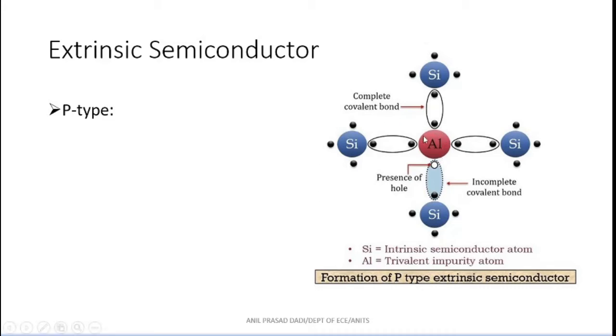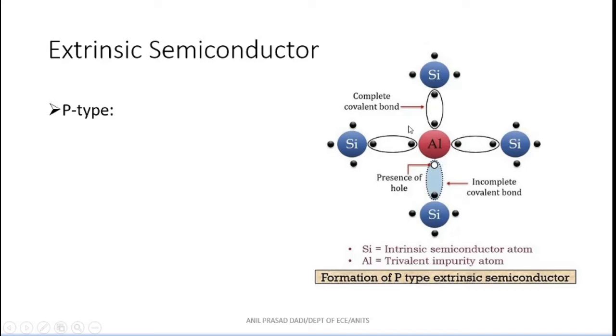As the aluminum atom has 3 valence electrons, all the 3 valence electrons are involved in the bond formation with the neighboring silicon atoms. But there is one more vacancy site here, because there is nothing.